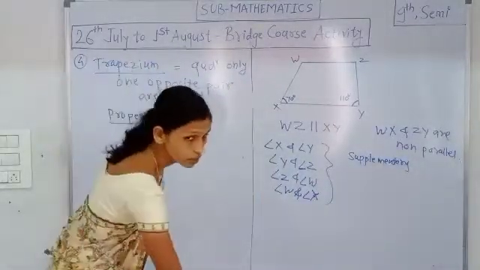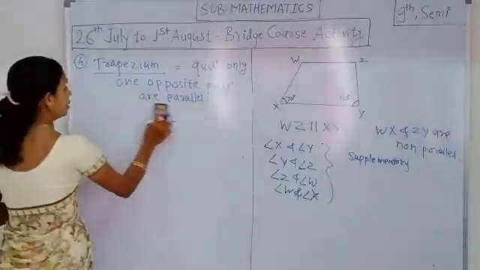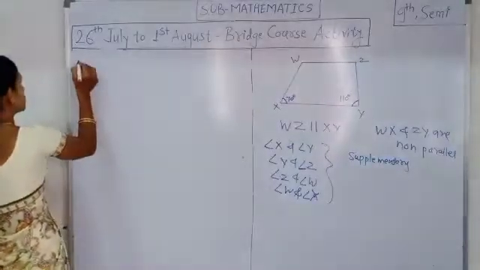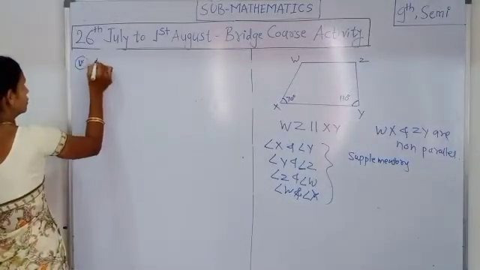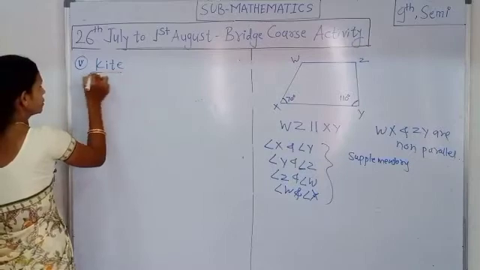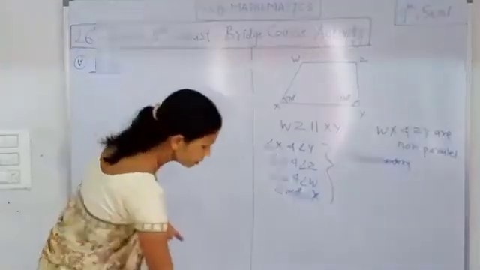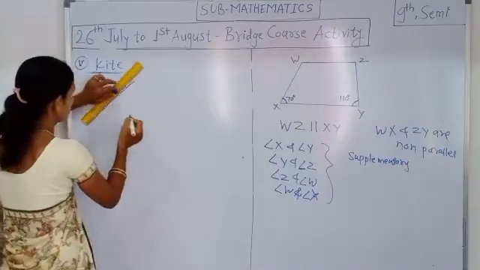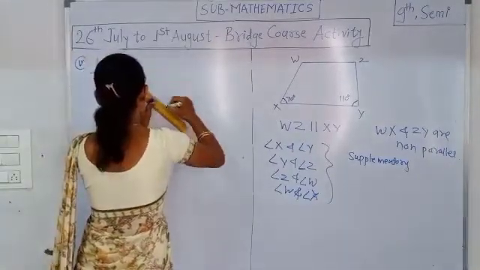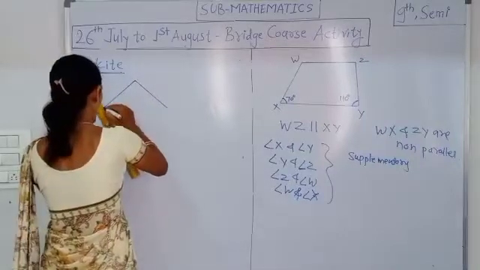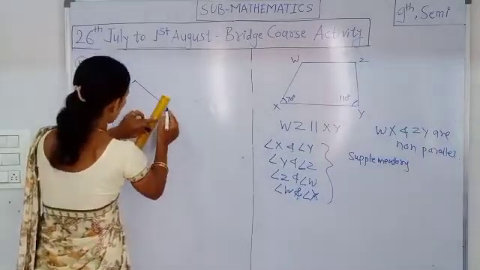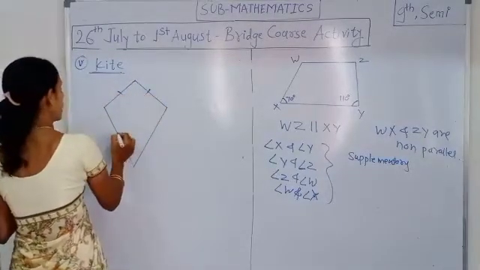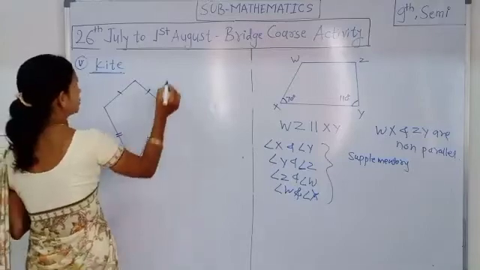Then one more type of quadrilateral is known as kite. You have generally seen it drawn like this. A kite is a quadrilateral in which two pairs of adjacent sides are congruent.